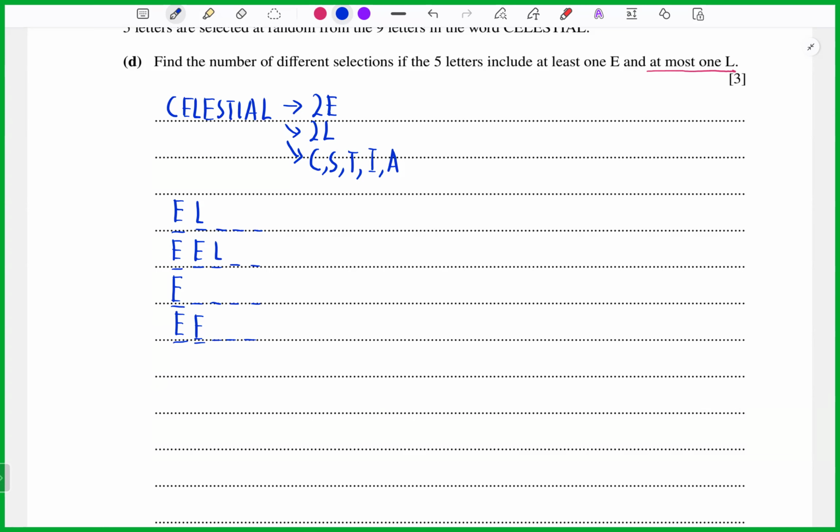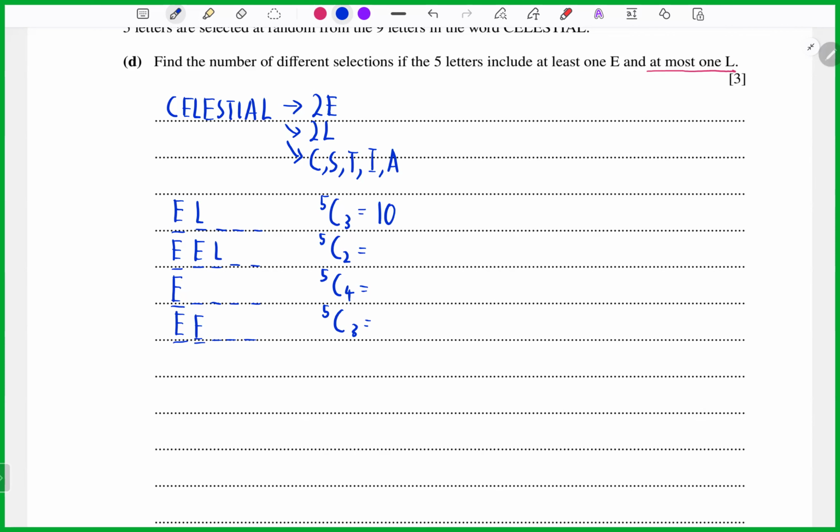Okay, E and L. So you can take 5C3 equals to, and here is 5C2, and here is 5C4 equals to 5C3. Okay, so you can find out the answers. 5C3 equals to 10.